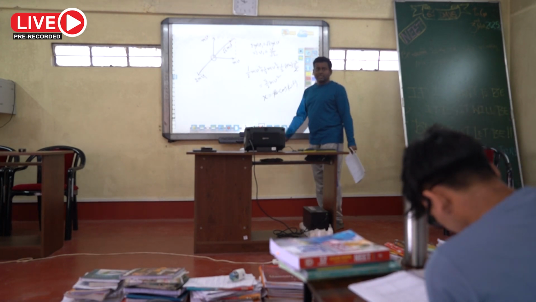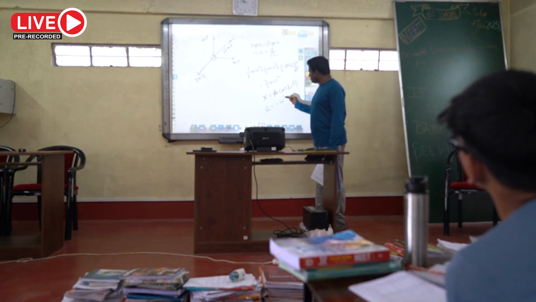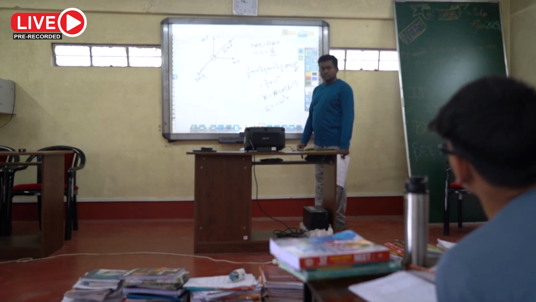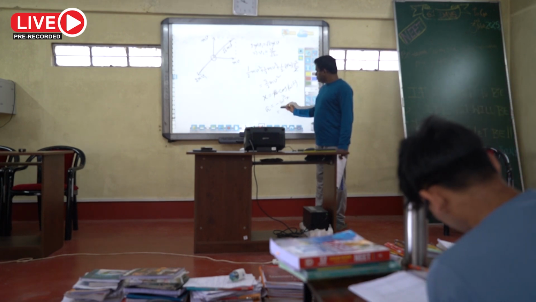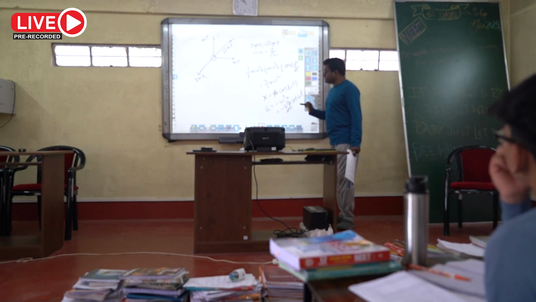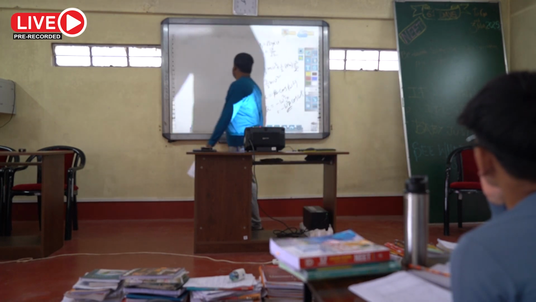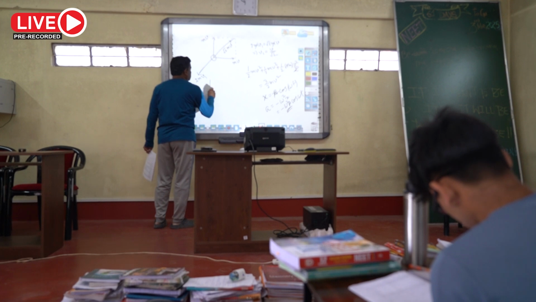Now we know that in case of SHM, acceleration equal to minus omega square x. So it will be minus omega square a cos omega t. So this part is a constant. And remember there is a minus sign.